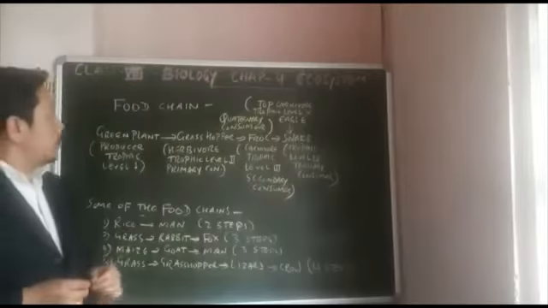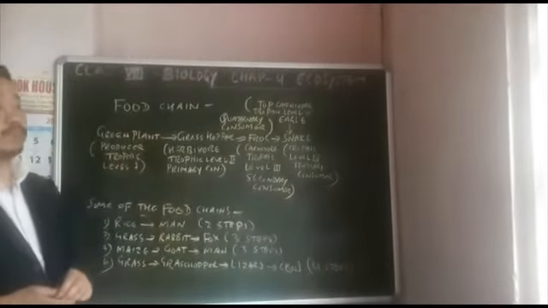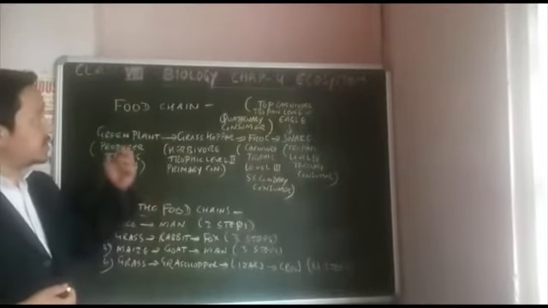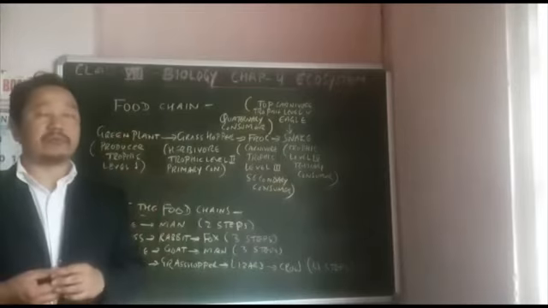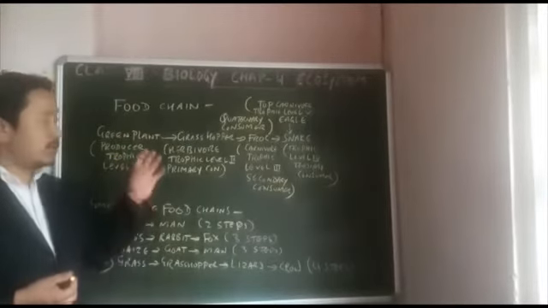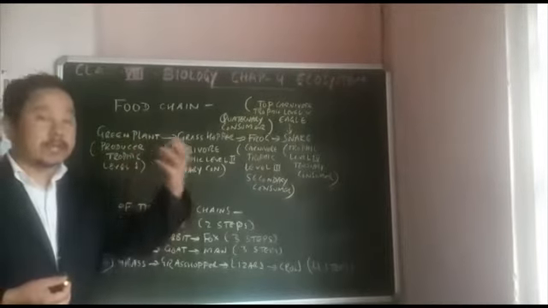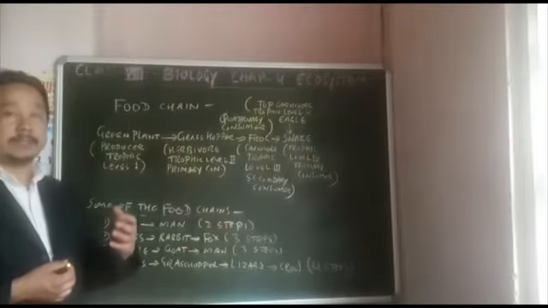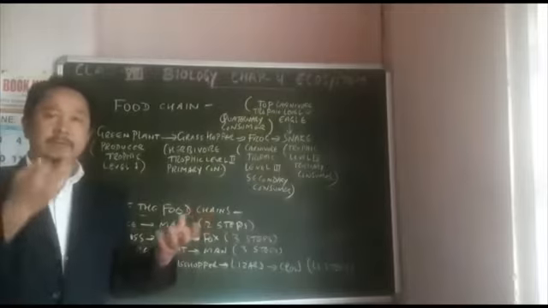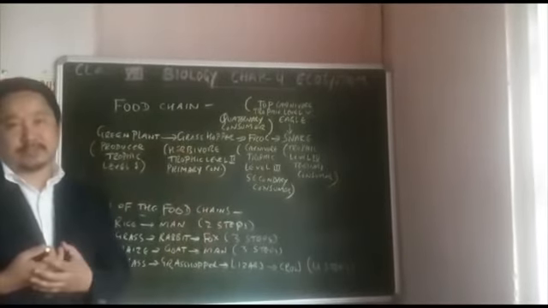Now we'll see food chain. It is the sequence of organisms in which one organism eats the lower organism and that organism will be eaten by another higher organism.